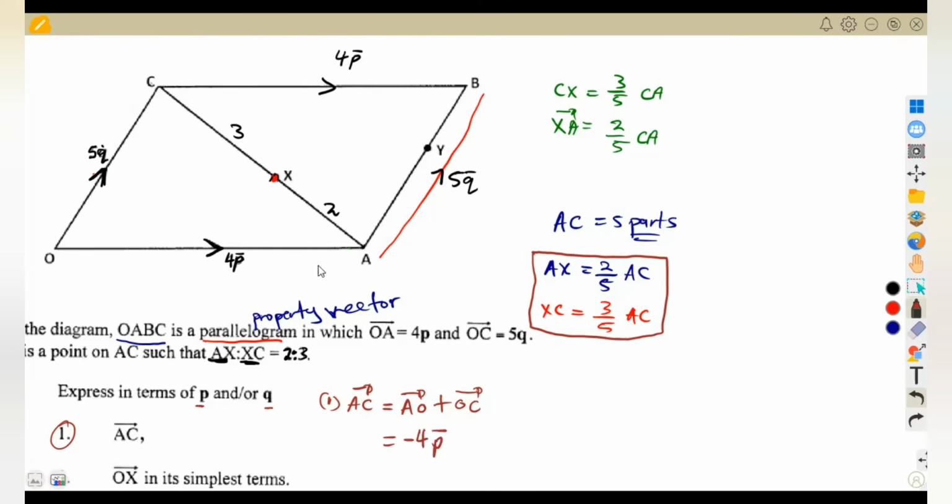Then plus OC: from O to C we are maintaining the direction of the arrow, so it remains positive, plus 5Q. Someone could also have taken the route from A to B, then from B to C.